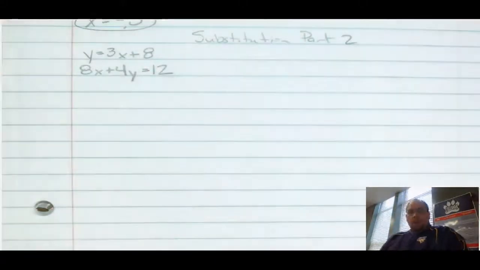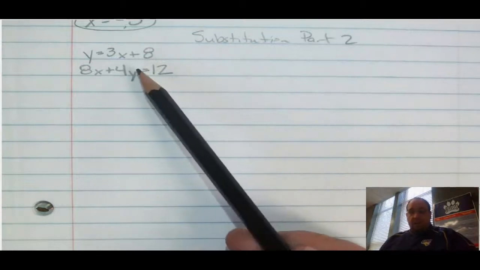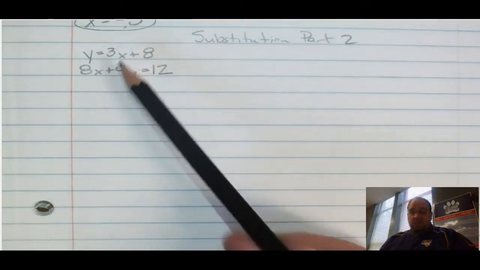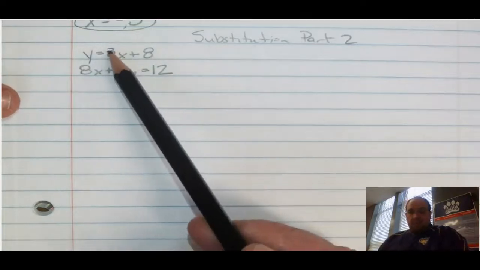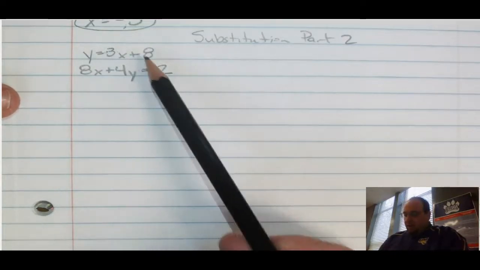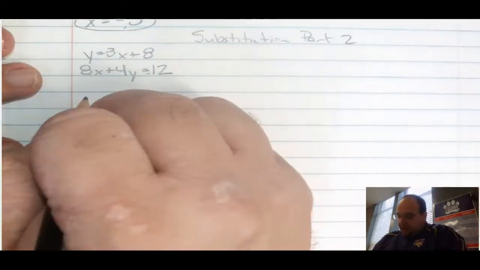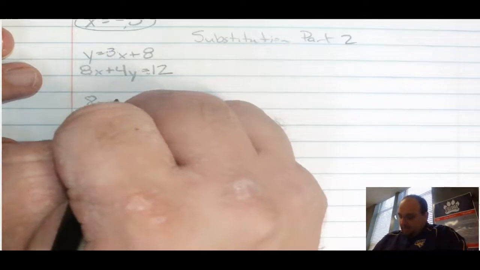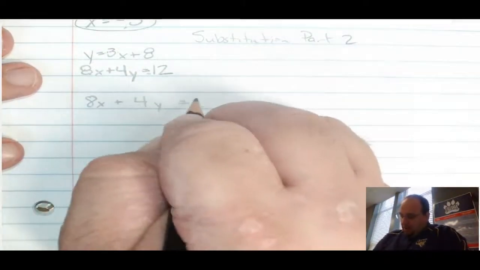Okay, so before it didn't matter which equation I substituted. This one makes a little more of a difference. I'm going to substitute this equation of what y is equal to into this one. So I'm going to recopy this one down: 8x plus 4y equals 12.